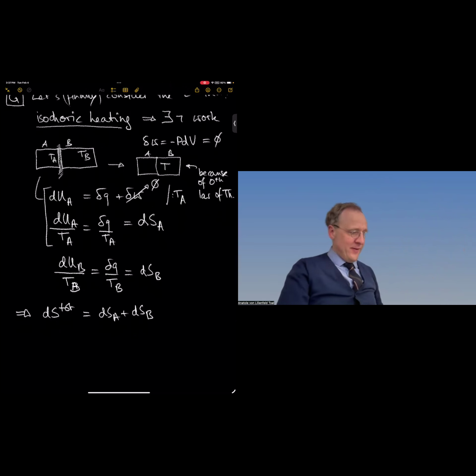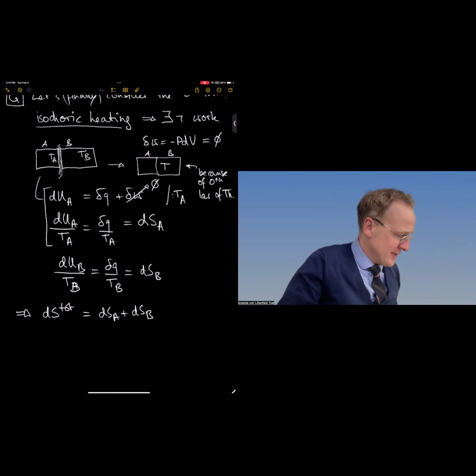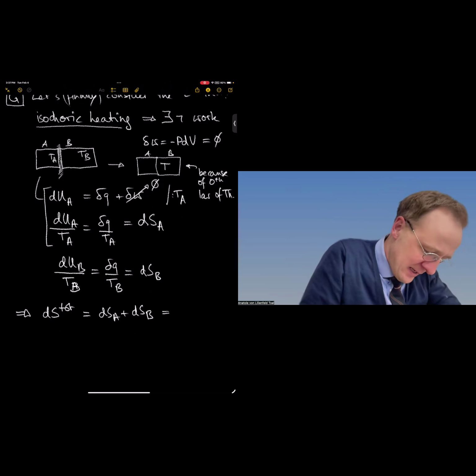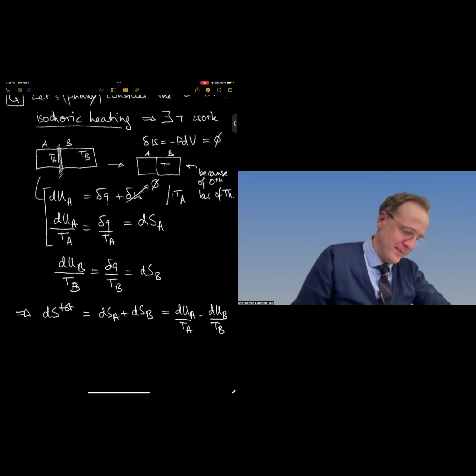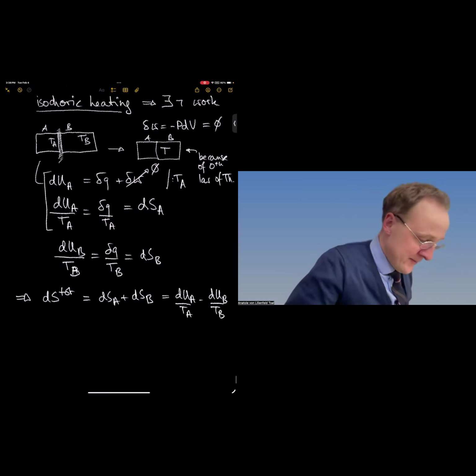And now I have these nice two relations here, that this must be equal to dUA over TA minus dUB over TB. So far, so good.